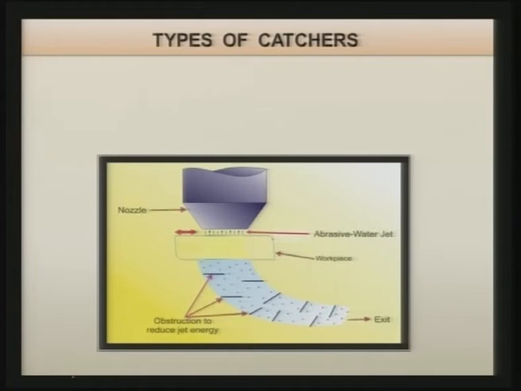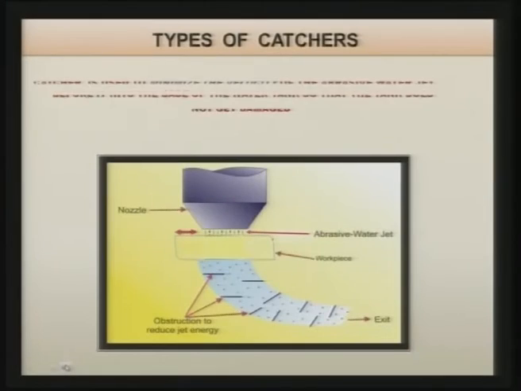Now, if you see here, the abrasive water jet is coming at a very high velocity. After cutting the workpiece, if it hits the table on which you are going to machine the workpiece, then it will penetrate inside the table also and it will damage the table immediately.